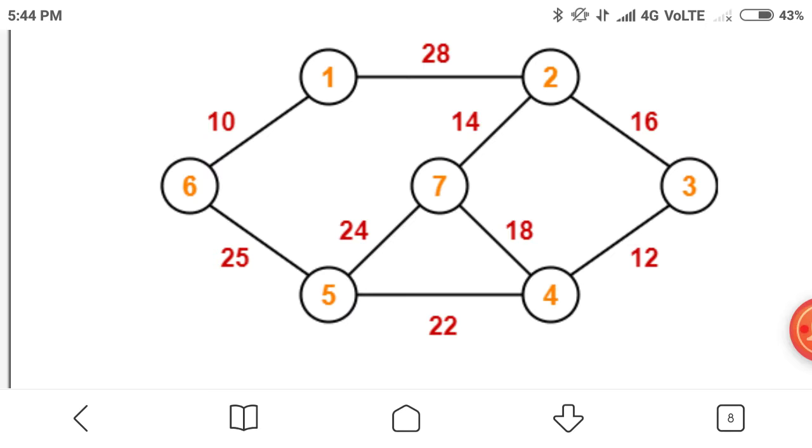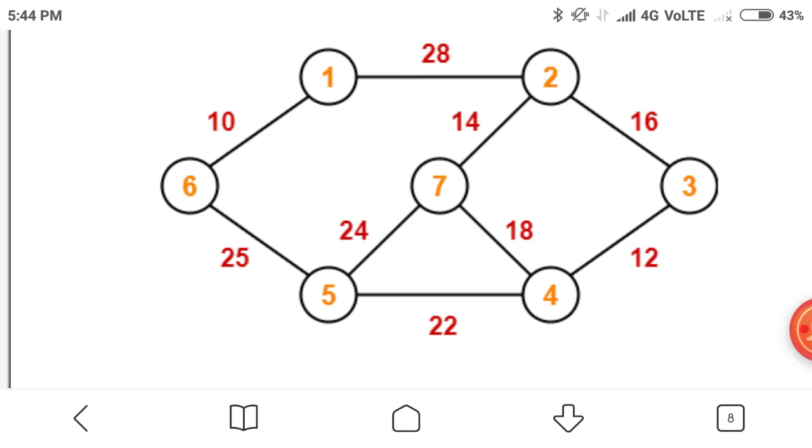Then from 4 there are edges 22, which is already traversed, so you need not bother about that, and two other edges, 12 and 18, so you have to select 12. So 4 to 3 is selected.